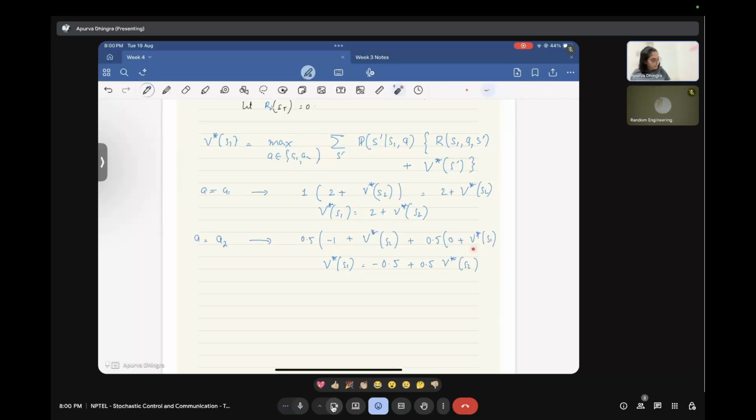I am taking this on the other side and leaving with a half here, which tells me now my comparison is between these two situations, and now this is doable.